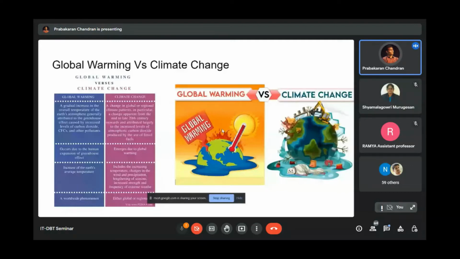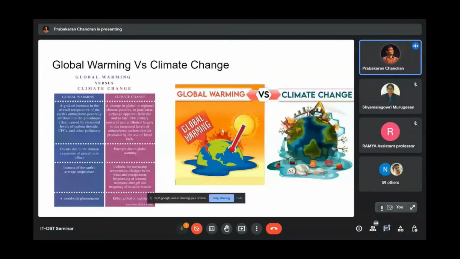It includes increase in temperature and also changes in wind and precipitation, because sometimes it's not just that we are feeling very hot in a certain region, right? It is also feeling very windy, or some sudden storms can happen, or hurricanes can hit because of the weather pattern changes, right?